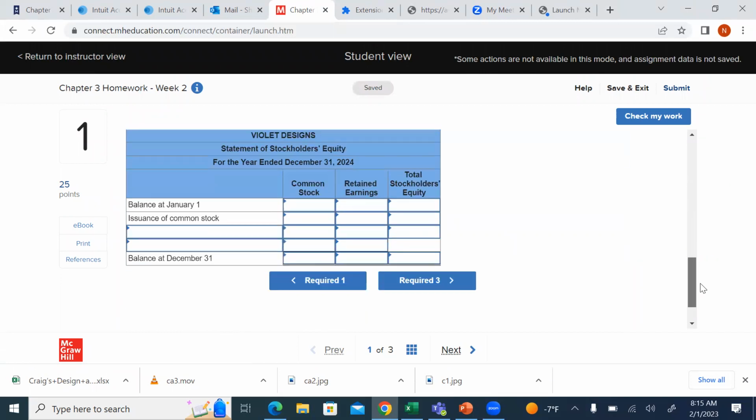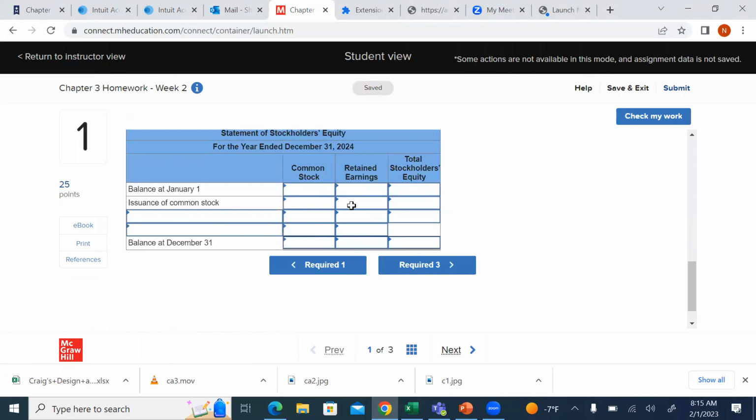So we know common stock of 11,000 was issued during the period. If our ending balance here is 54,000, what does that mean our beginning balance would have been? 43,000?